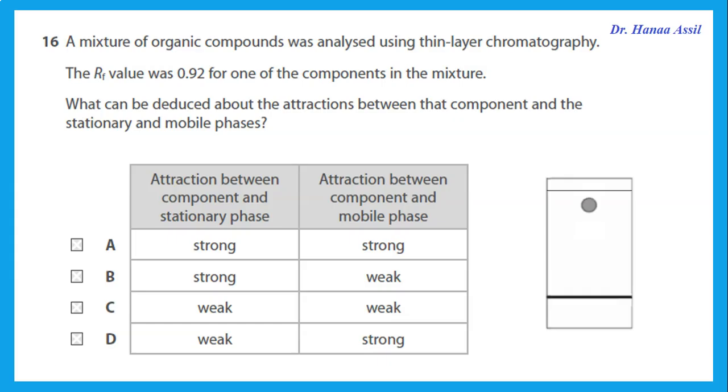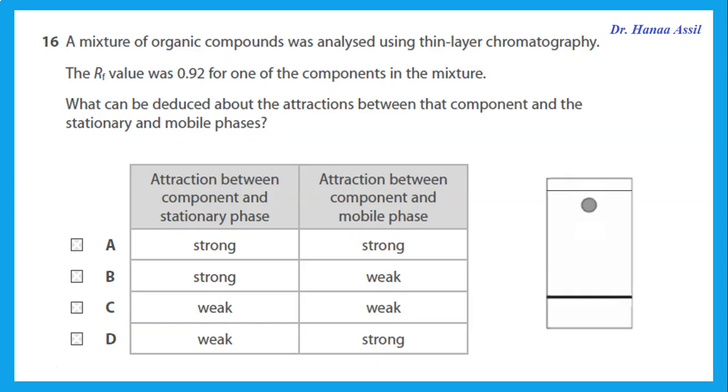What can be deduced about the attractions between that component, the substance we're analyzing, and the stationary and mobile phases? Now, if my spot goes up very high in the chromatography, is it more strongly attracted to the stationary or more strongly attracted to the mobile?